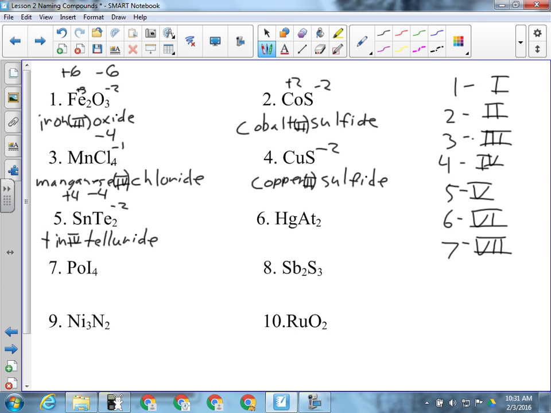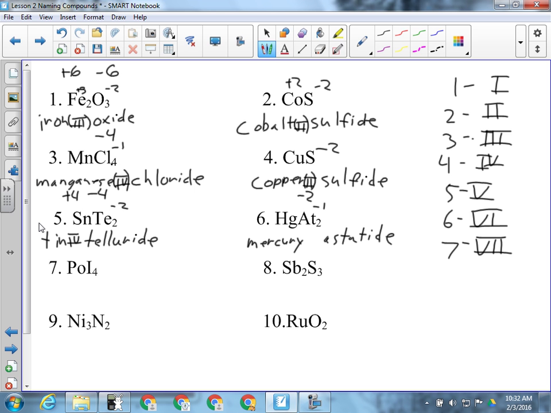All right, for number 6, we've got mercury and astatine together, so this will be mercury astatide. But mercury has more than 1 possible charge. Astatine is always a -1. So there's 2 negative charges here, -1 times 2.